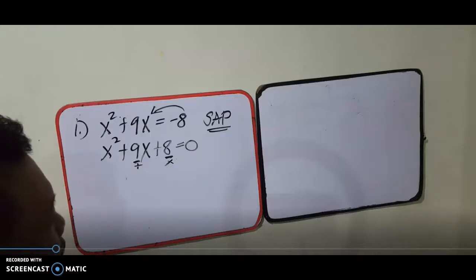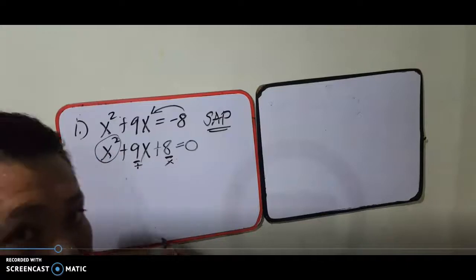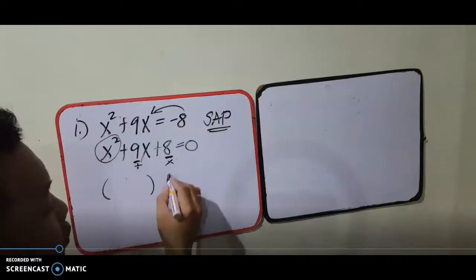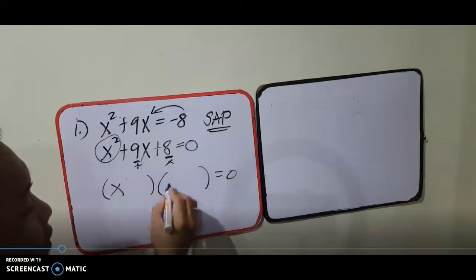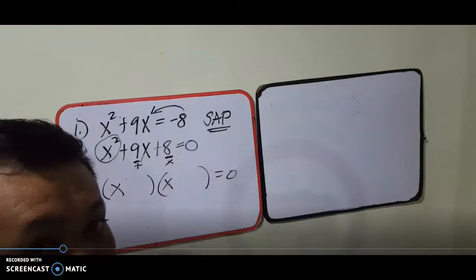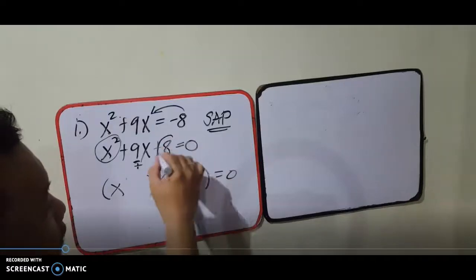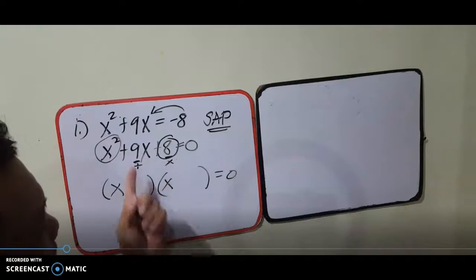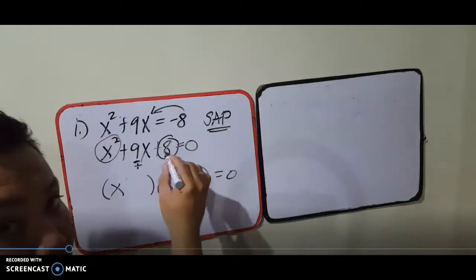So we are going to factor the first term, x squared. We know that the factors of a quadratic trinomial are two binomials. So the factors of x squared will be x times x. Then let's find the factors of 8 that when added, the sum is 9. What are possible factors of 8?